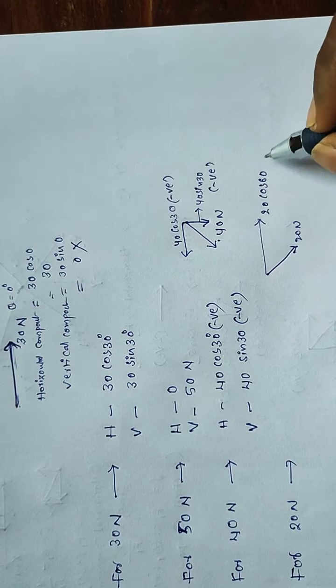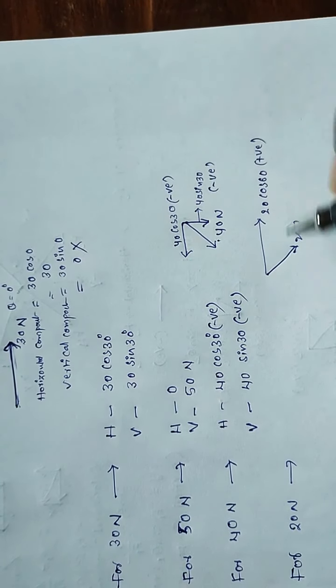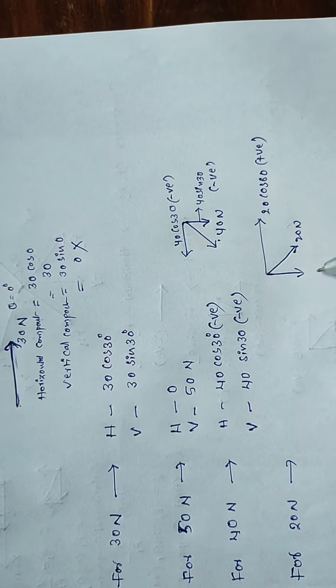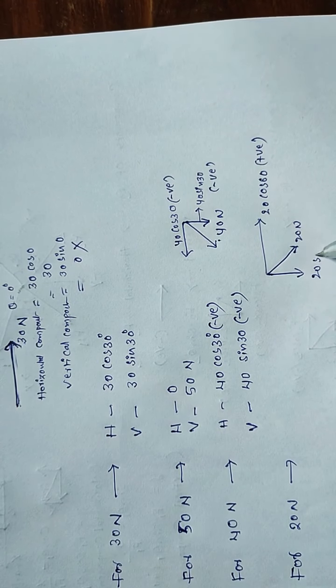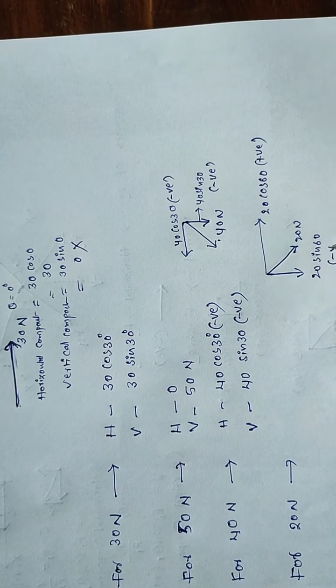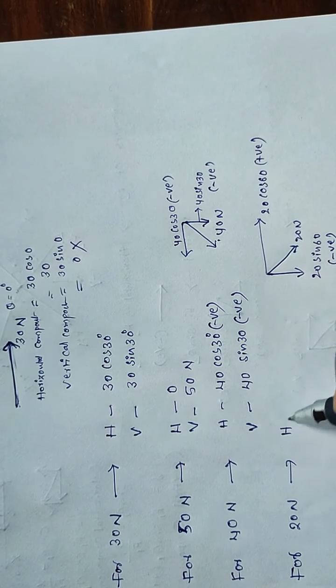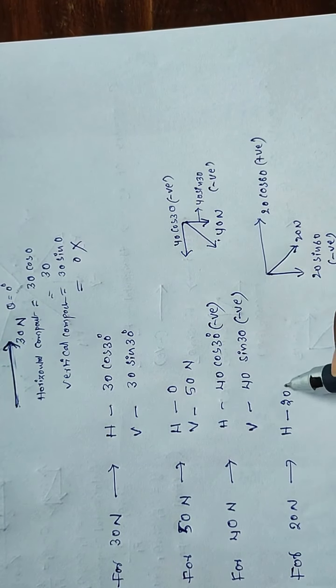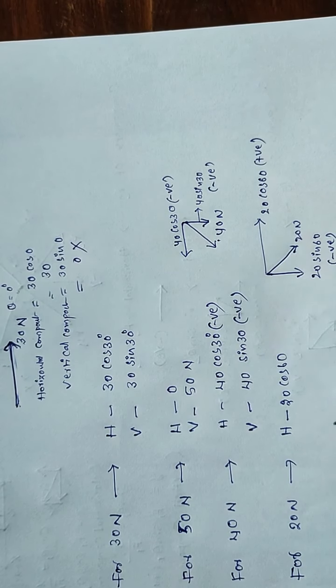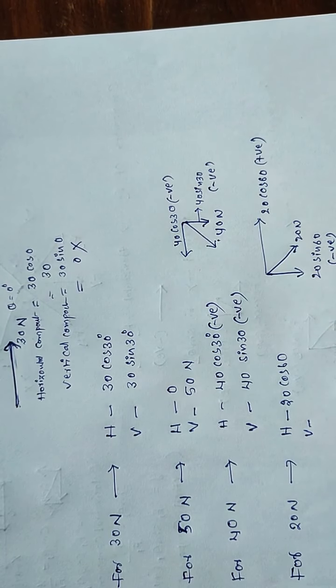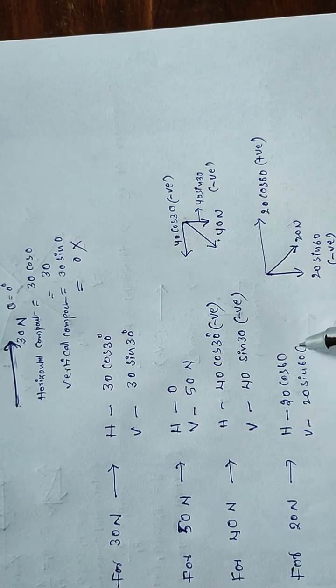It acts in positive x direction, so this value is positive. Vertical component is 20 sin 60. It acts in downward direction, so it is a negative value.